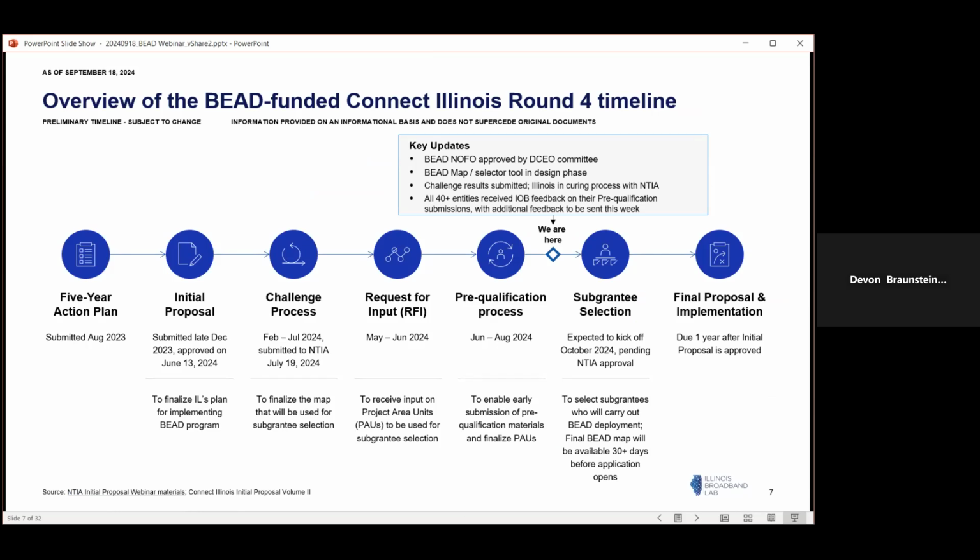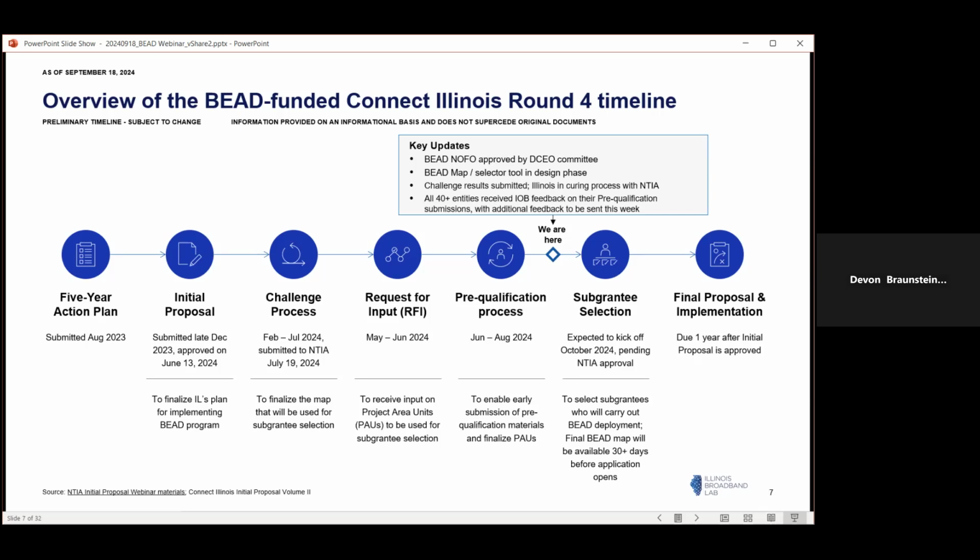Then look out for a formal letter, which documents any pre-qualification materials that are still outstanding that we'll want you to work on and revise for the formal application process, but those that have been pre-approved you won't have to do again for the application process. Excited to be wrapping that up.